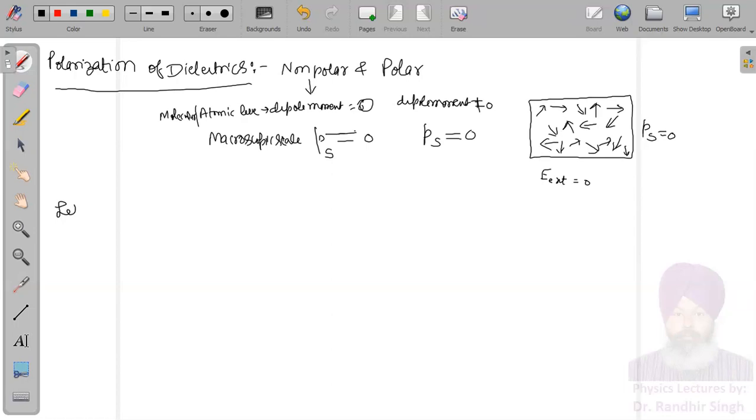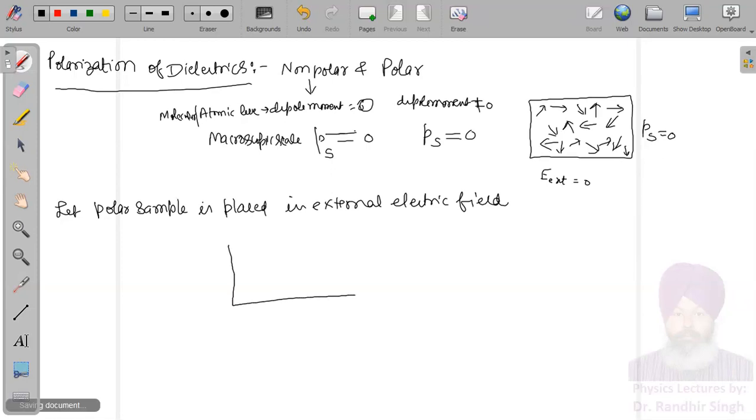Let polar sample be placed in external electric field. When the polar sample is placed in external electric field, let us say this is the external electric field.